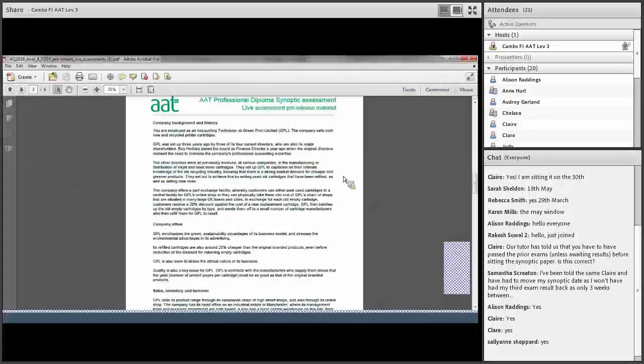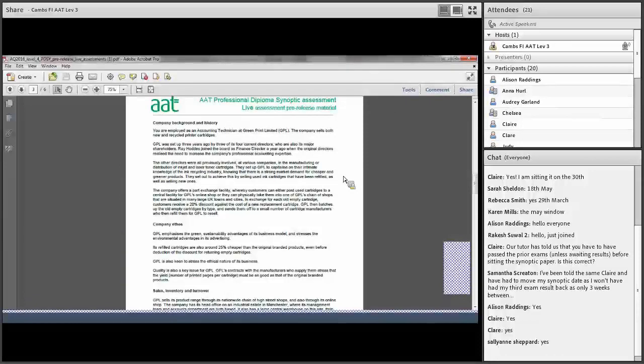So the pre-release material, we're given some background on the organisation. We're given a little bit of history. And that background will give us an idea as to how long they've been operating for. Are they an established organisation? Do we expect them to be fairly refined in their processes and systems? We probably do if they've been around for quite a long time.